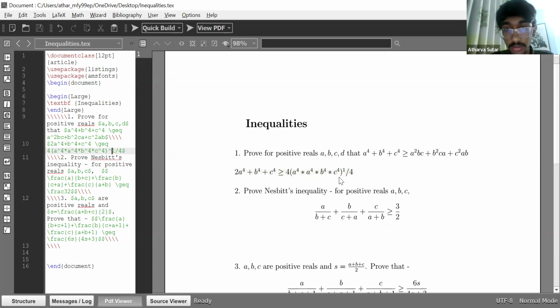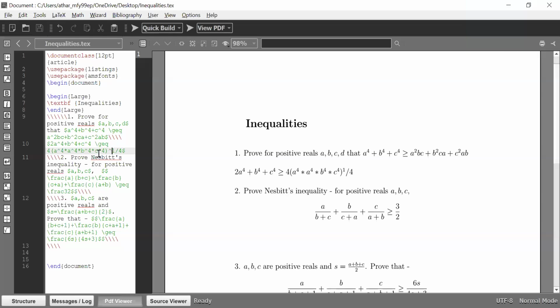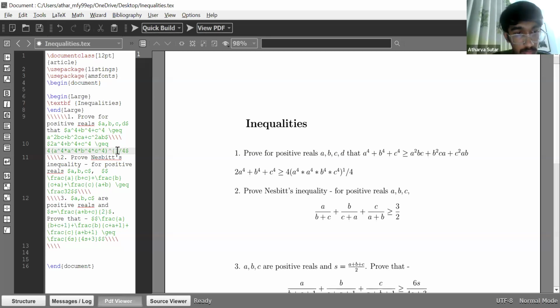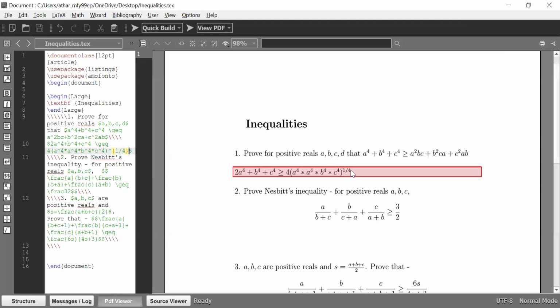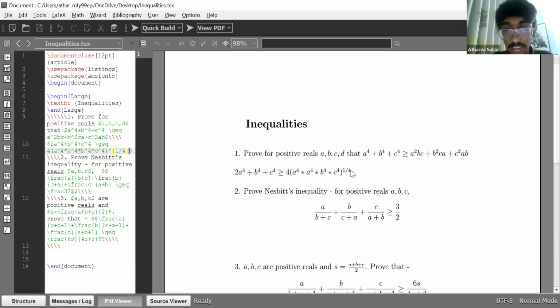So we know this holds for the first one. So this implies that, if we just divide, put a bracket, the third bracket in 1/4. Yeah, if we simplify this, we'll basically get that.